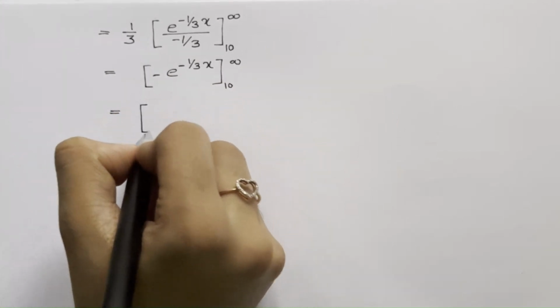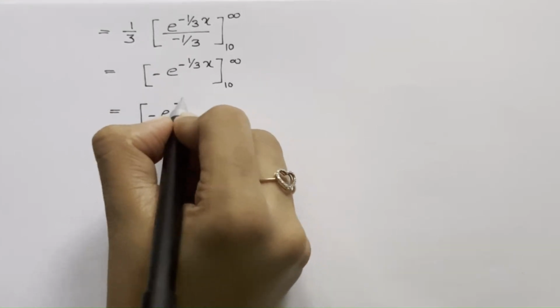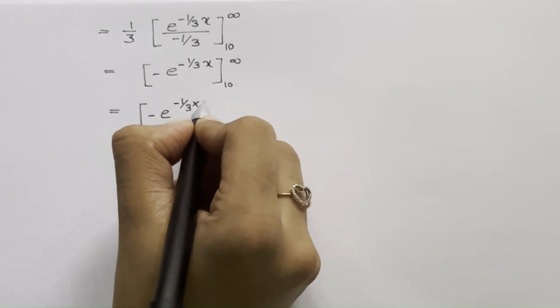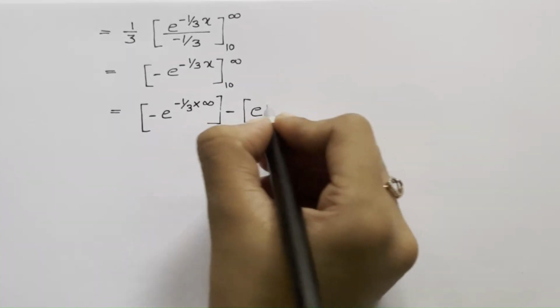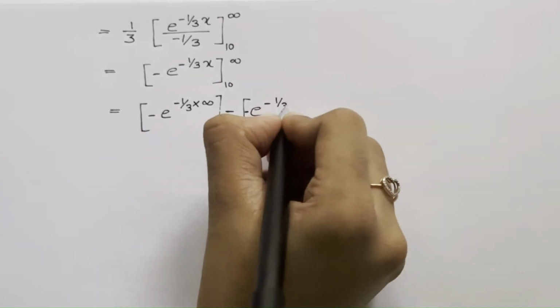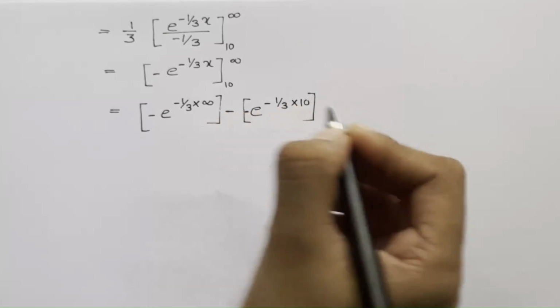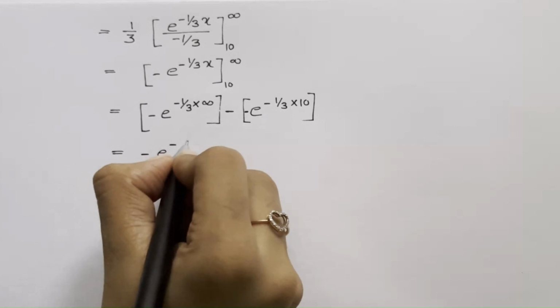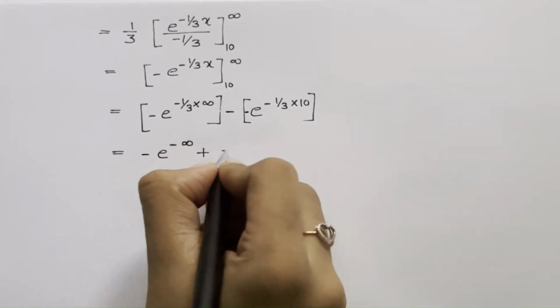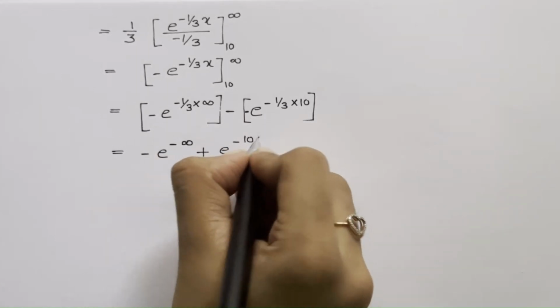Then we put upper limit and lower limit into the equation: minus e raised to minus infinity plus e raised to minus 10 by 3.